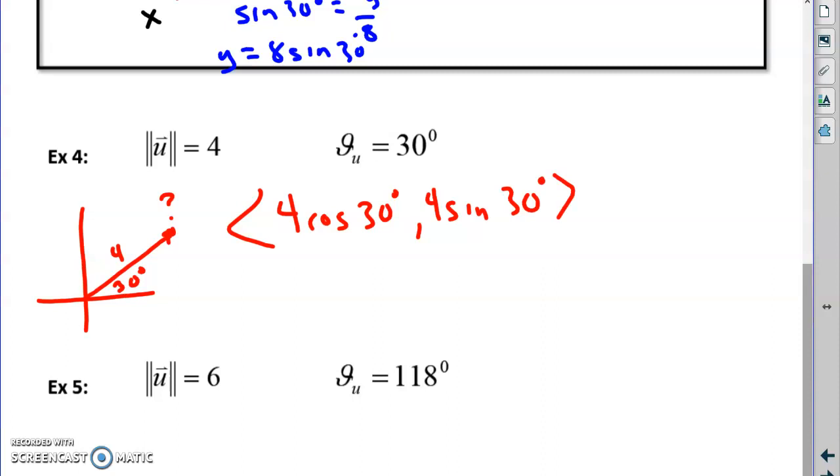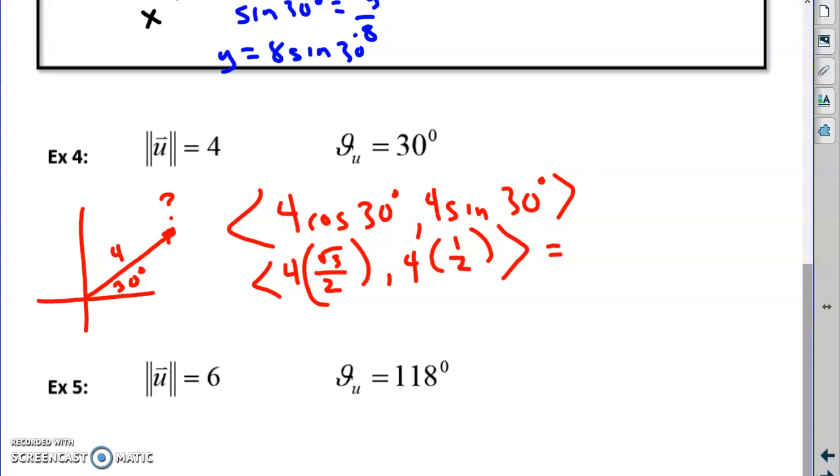If I wanted to keep it in radicals, exact, I know what cosine of 30 is, radical 3 over 2. I know sine of 30 is 1/2. So therefore, the component form of a vector whose magnitude is 4 and direction is 30 degrees is 2 radical 3, comma 2.